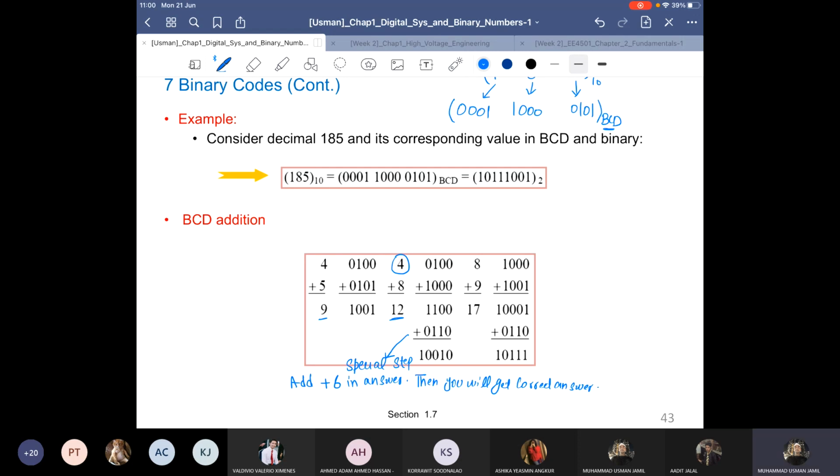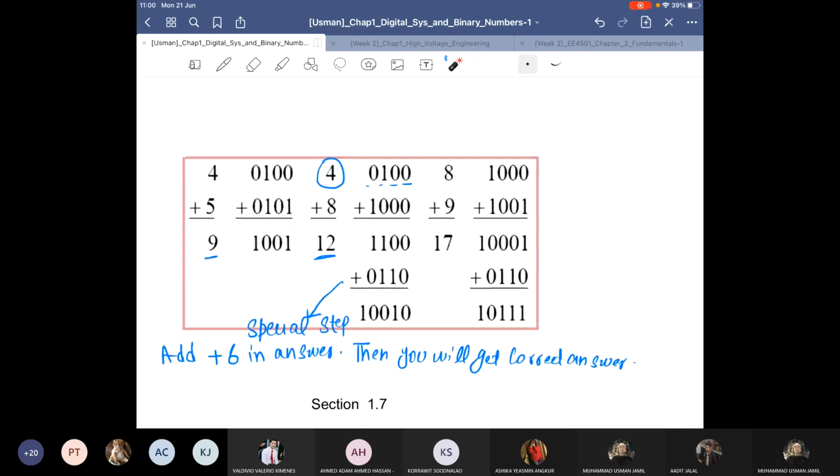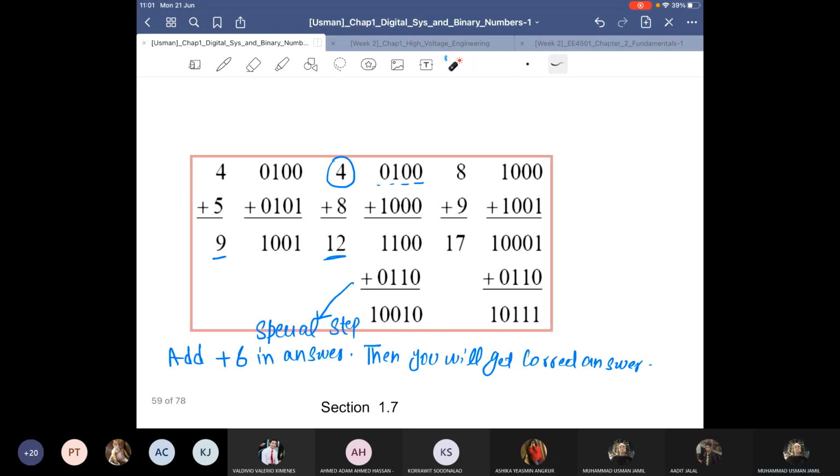How? You can see now the number 4 is 0 1 0 0, right? So 4 is 0 1 0 0, and 8 is 1 0 0 0, right? So now you can add them: 0 plus 0 is 0, 0 plus 0 is 0, 1 plus 0 is 1, 0 plus 1 is 1.